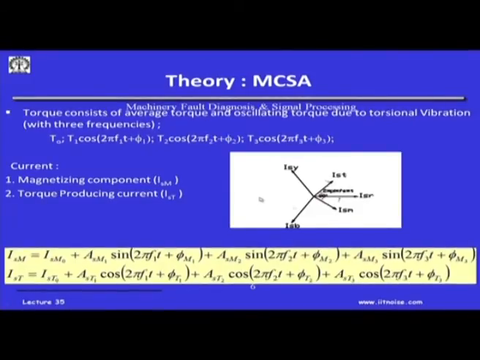Basically, I am talking about the current which is there in a motor. So, for example, in a motor I have 3 phases, T1, T2, T3. Or let me simply look into here. So, there will be 2 types of current in the motor.